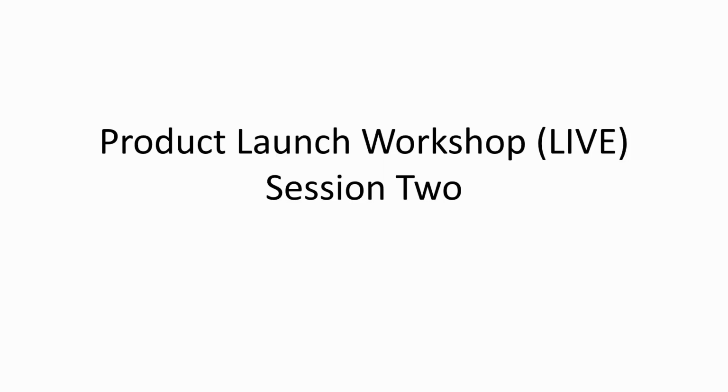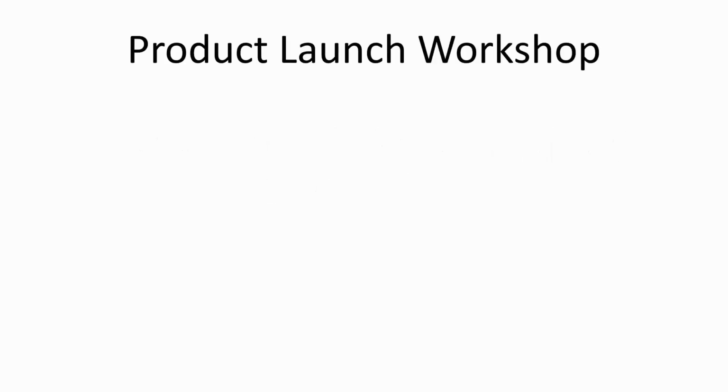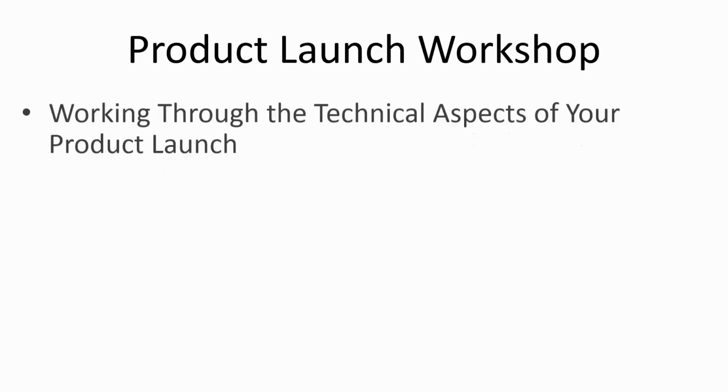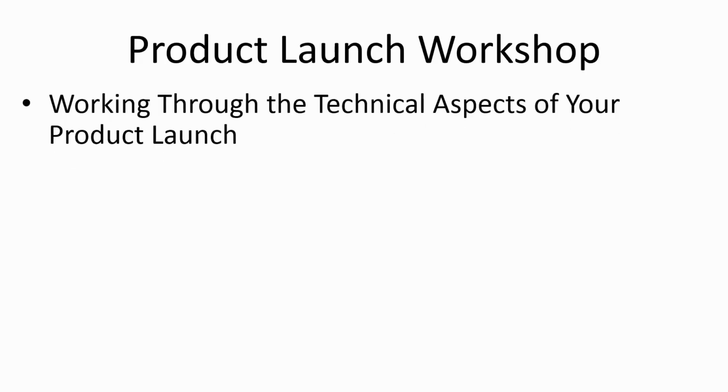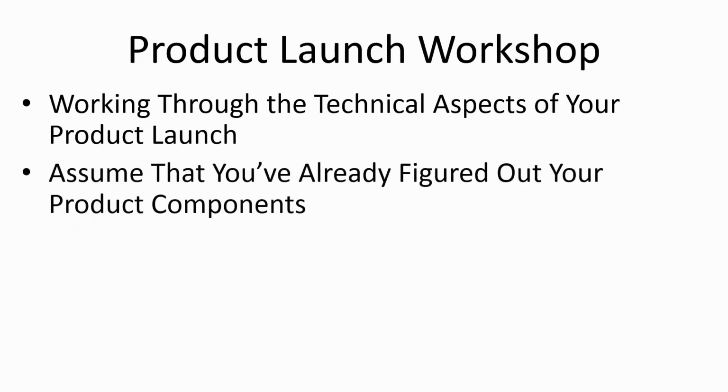Okay, so this is Product Launch Workshop Session 2. This is the live workshop, and what we're going to talk about is a continuation of what we talked about last week. We're going to be working through the technical aspects of your product launch. And of course, we assume that you've already figured out what your product components are.